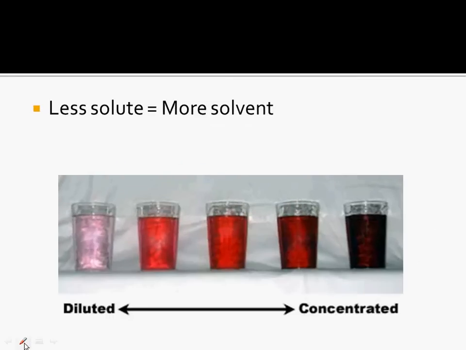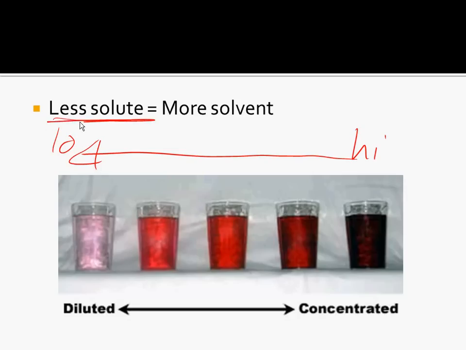Another visual on this, and again, we could think of this as a gradient from high concentration to low. And what we need to understand along with this is that when I have less solute, this is more watery, more concentrated in terms of water.